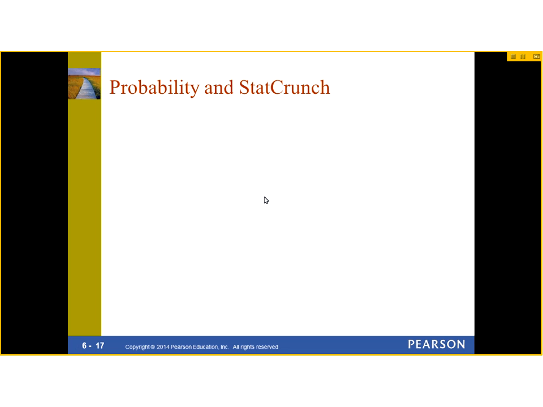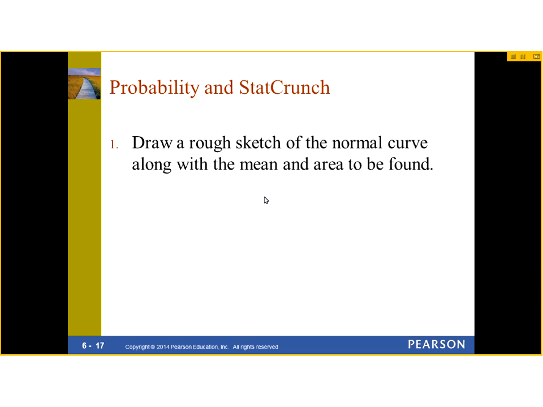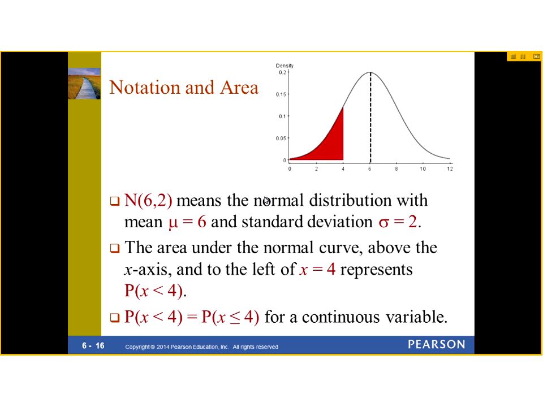All right, so I always like it if you yourself draw a rough sketch of this normal curve with the mean and the area that you want to find. You want to label the mean, your standard deviation, and you want to make sure that you're finding the right area. If you're trying to find the probability that x is less than or equal to 4, you know that's the area to the left of 4.